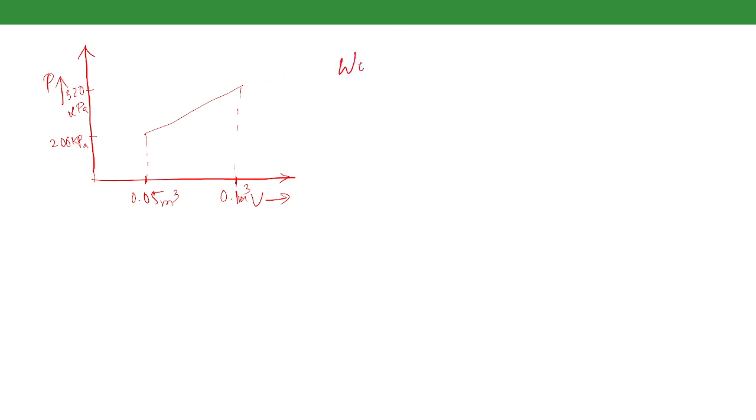So what is the work done by the gas? The work done by the gas is equal to the area under the PV diagram. This is basically a trapezoid, right? You can consider it as a trapezoid directly, or as the area of this rectangle plus the area of this triangle.